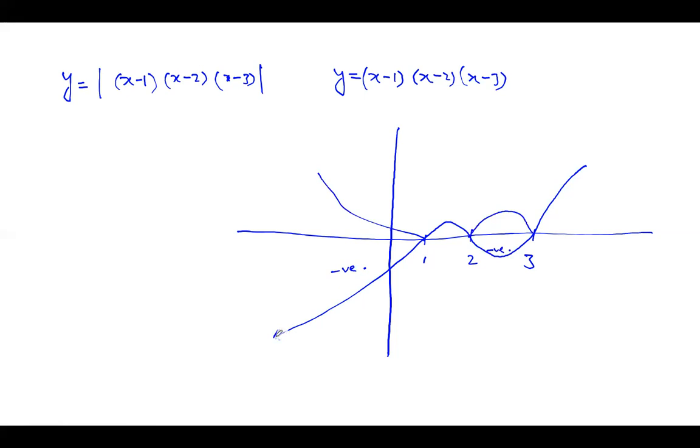So we remove this graph, the negative portion graph below 1, and similarly between 2 and 3. So all the function is going up. This is known as the graph of the modulus of this function. So this is the case when f(x) is in the mod.